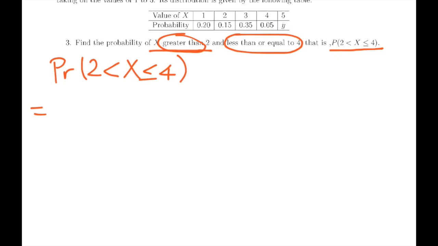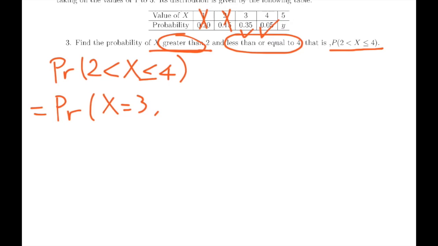That means we cannot have 1, we cannot have 2, but we can have 3 because 3 is greater than 2. x can equal 3, and x can also be 4 because we can let x equal 4. But we cannot let x equal 5 because 5 is greater than 4.